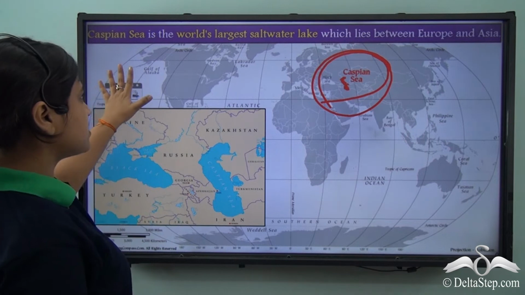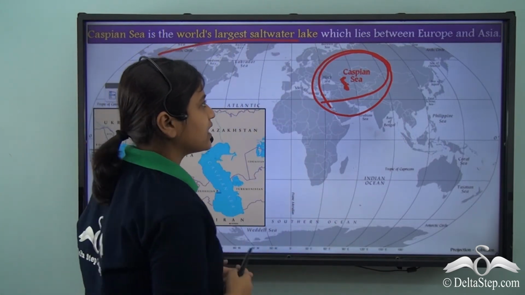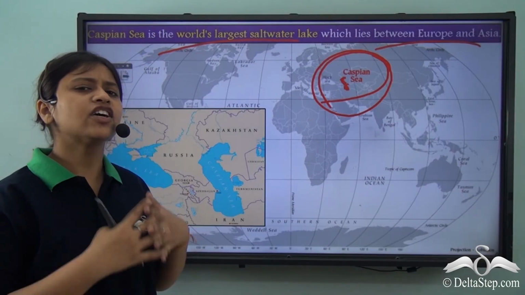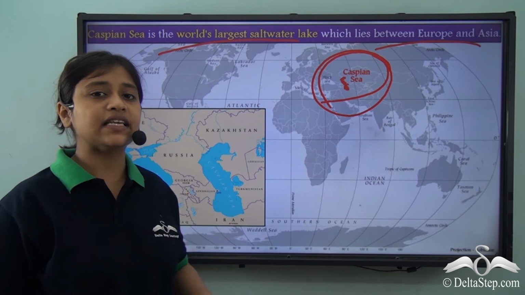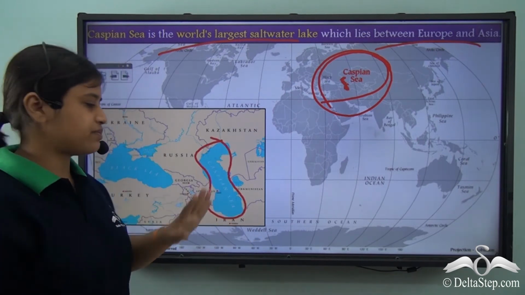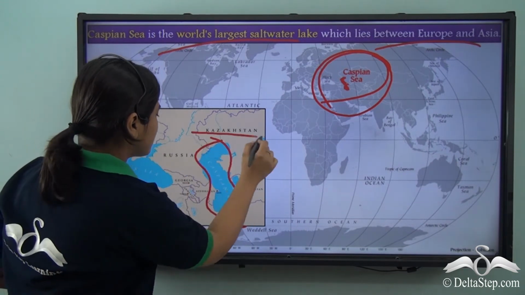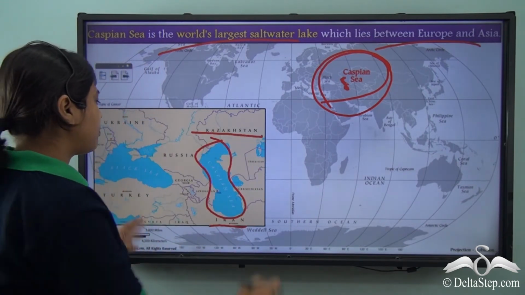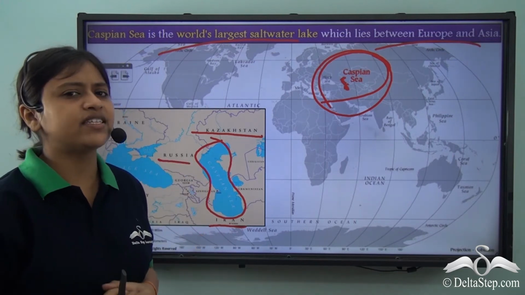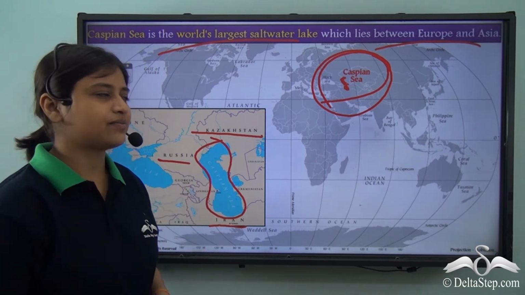Therefore, the Caspian Sea, which is the world's largest saltwater lake, is between Europe and Asia. On having a closer view of the Caspian Sea, we see that right below it we have Iran. Above it, we have Kazakhstan. And to the left part, we have Russia. So, this is where the Caspian Sea is located, and it is the world's largest saltwater lake.